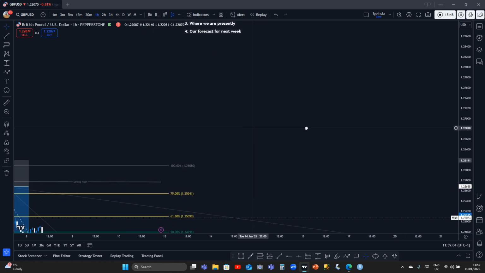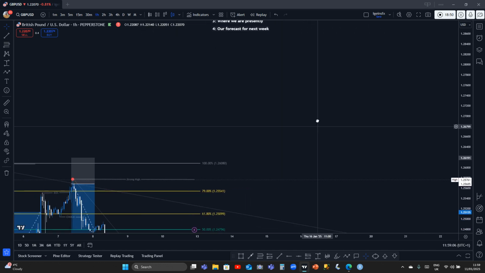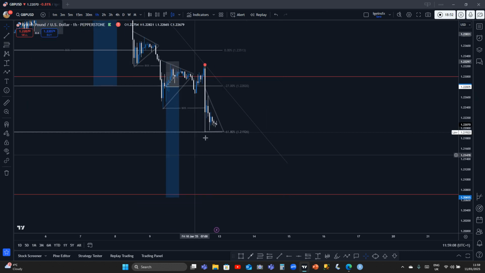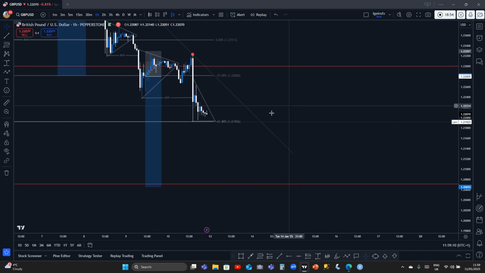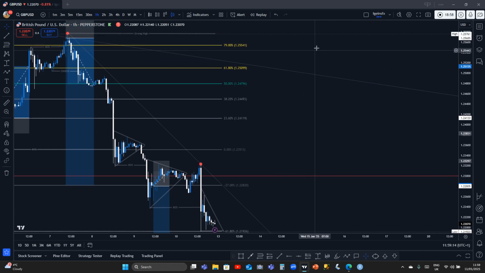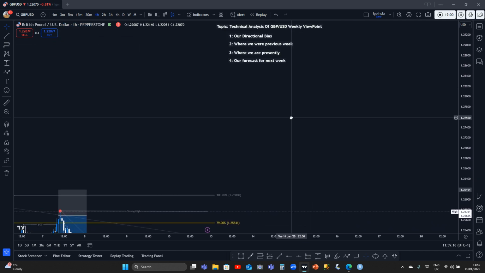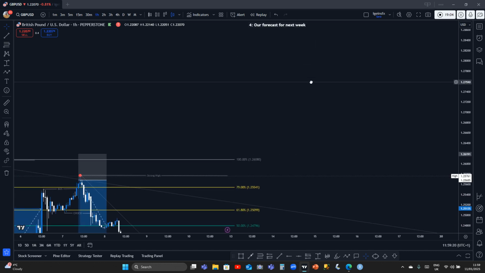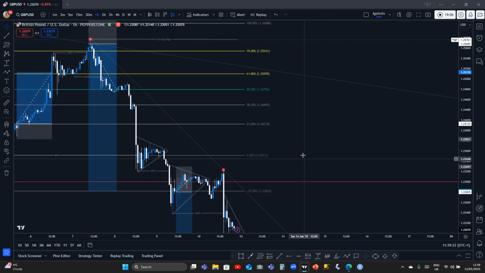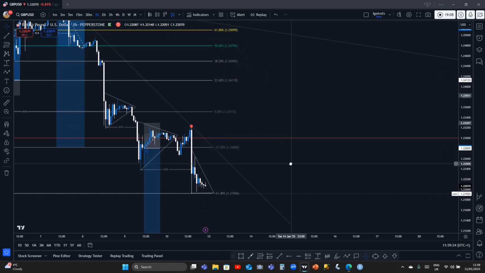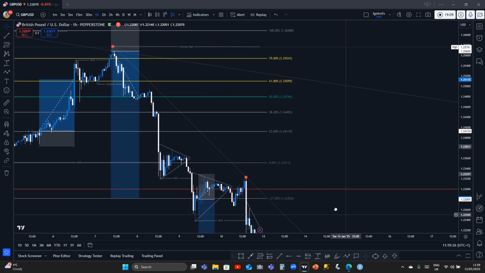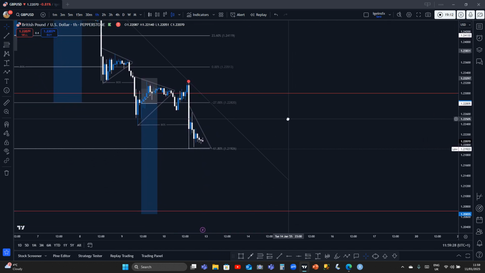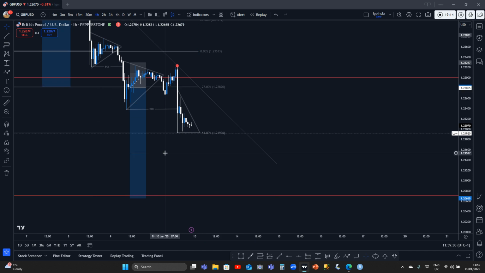So where we are currently is this point, that we are approaching the weekly leg. Now, because of time, our focus for next week is that we are still very much bearish.